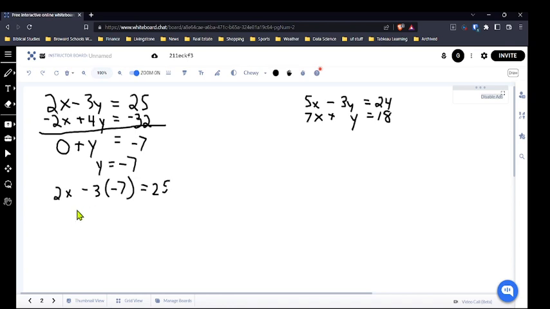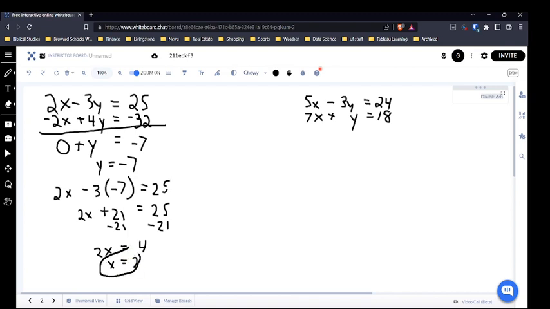All right, so I've got now 2x plus 21 equals 25. And if I subtract 21 from each side, I'm going to end up with 2x equals 4, which means that x is going to be equal to 2.